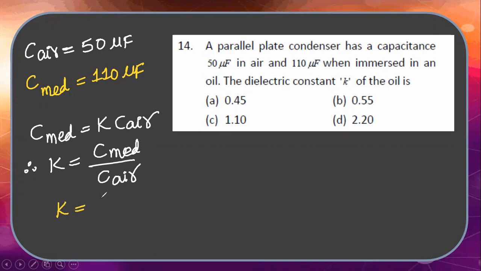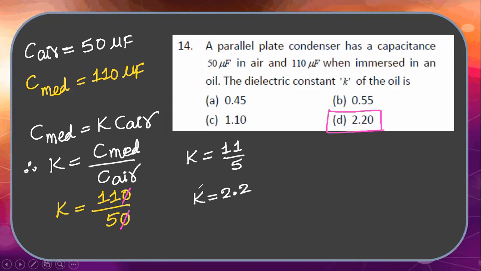Then K is equal to C medium 110 divided by C air 50. The 0 and 0 get cancelled. K is equal to 11 divided by 5. Therefore, K is nearly 2.2. This is correct, 2.2.